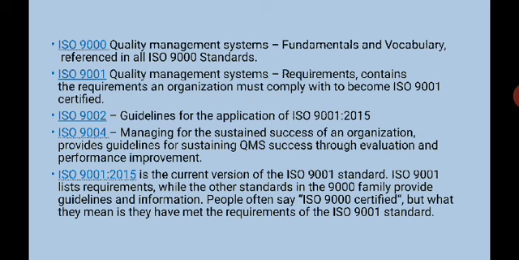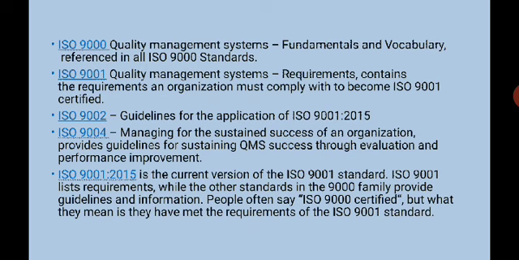Then the 9001 standard, that is quality management system requirements, contains the requirements an organization must comply with to become ISO 9001 certified. So what are the requirements needed of an organization to become 9001 certified? 9002 are the guidelines for application of 9001:2015. ISO 9004 is managing for the sustained success of an organization, right?